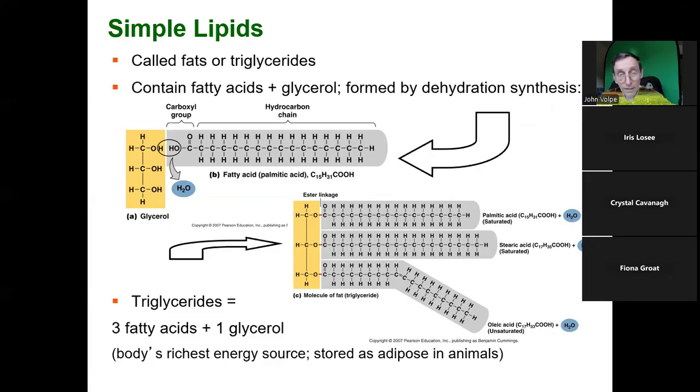When you have a triglyceride that has one or more double carbon bonds, this is an unsaturated fat or an unsaturated triglyceride.